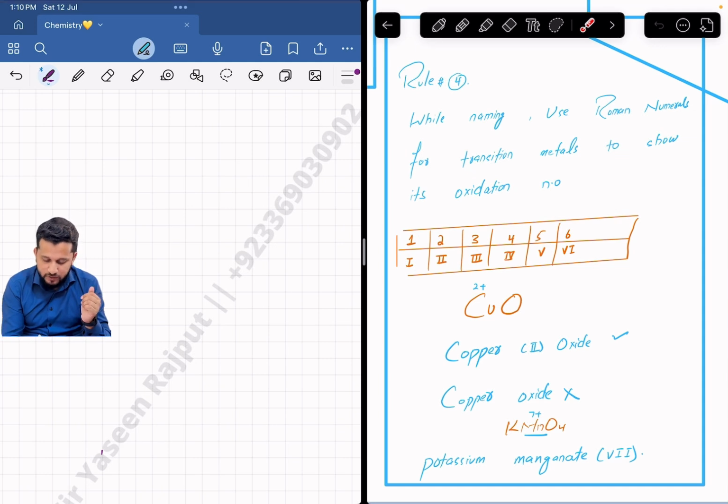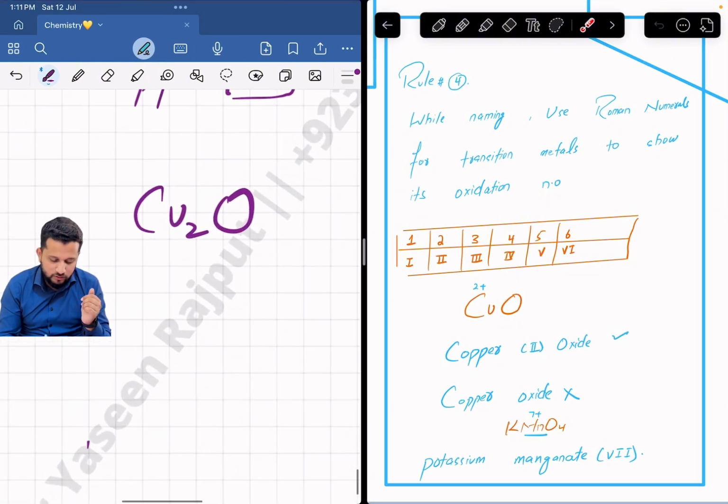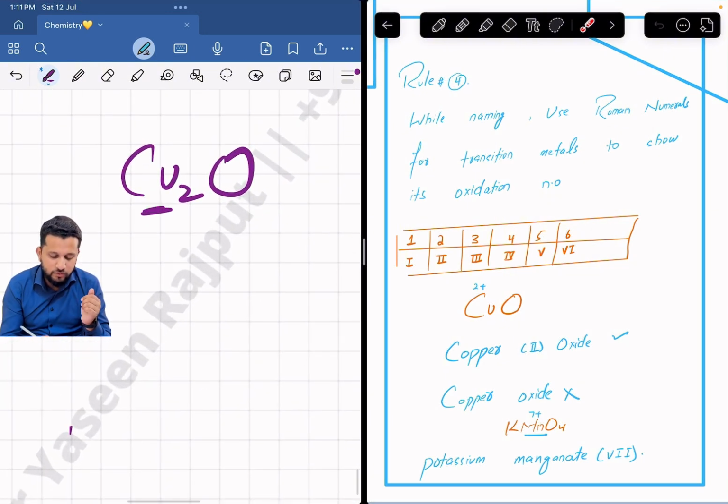Let's say we have copper oxide. We know that the oxidation number of copper is +2 over here. So we have to write down copper(II) oxide. Clear? Copper(II) oxide.